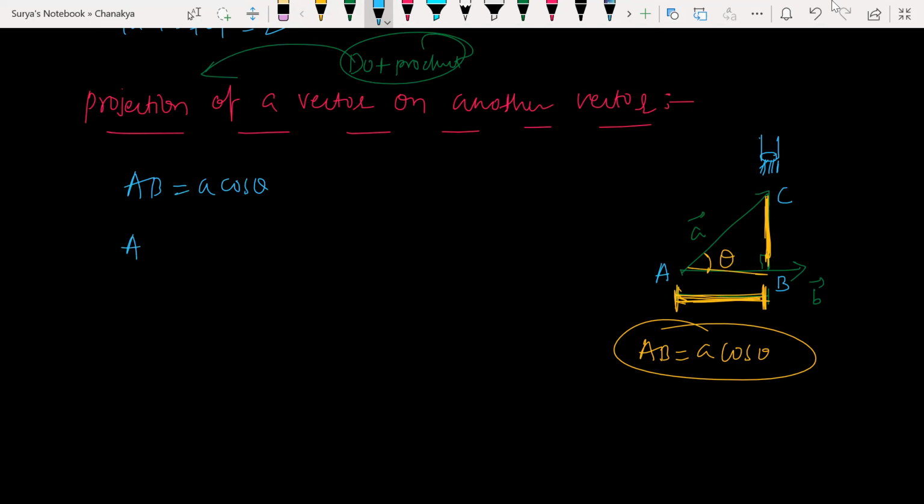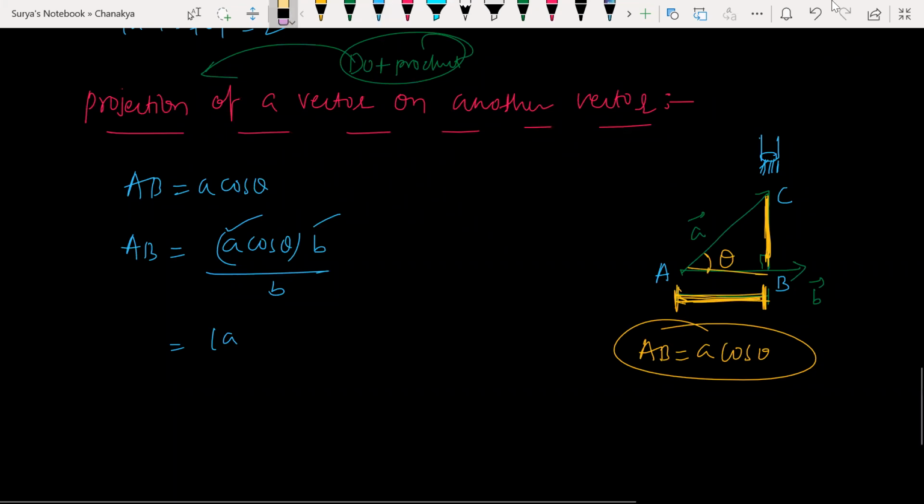Now if I multiply and divide by B, in the numerator and denominator, what happens? Magnitude of A, magnitude of B cos theta, that is A dot B vector upon magnitude of B, isn't it?